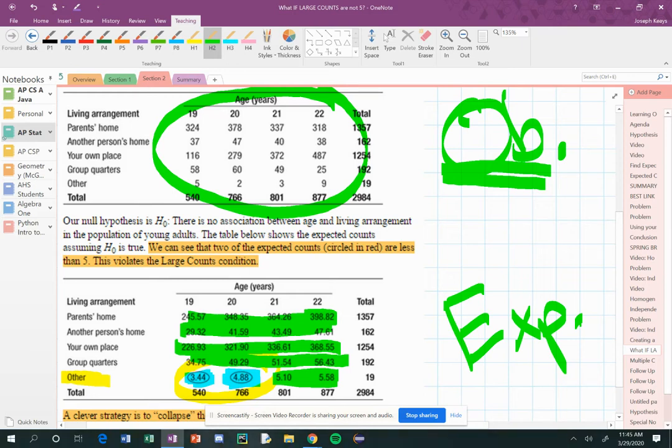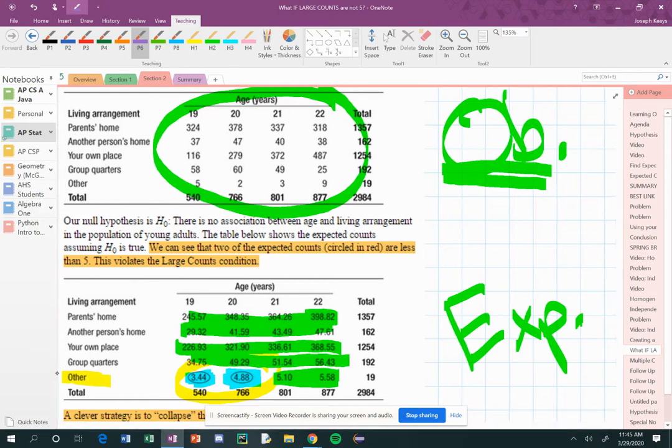So what we're suggesting here is combining 2 or more different categories. So in this case, what would I do? I would take the next smallest group, which appears to be these values in here, group quarters. And so I would leave that one alone. I would leave this one alone, leave that one alone, and then make this one group quarters and all other responses.